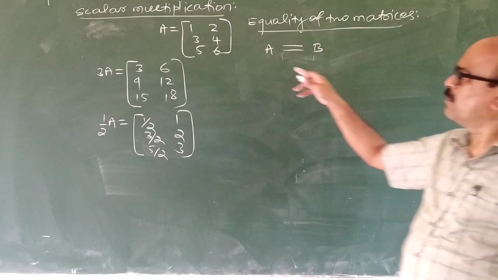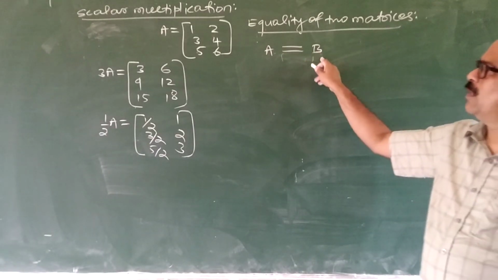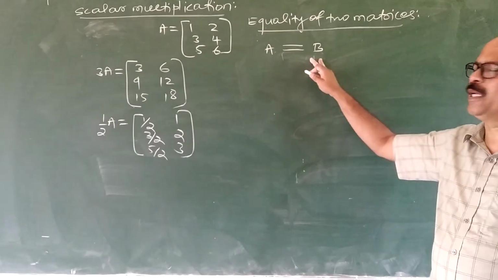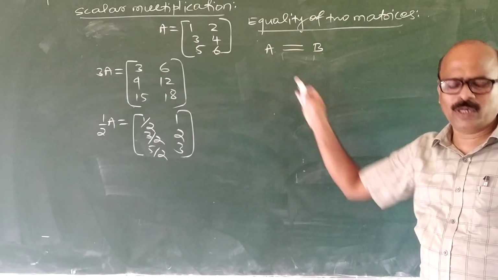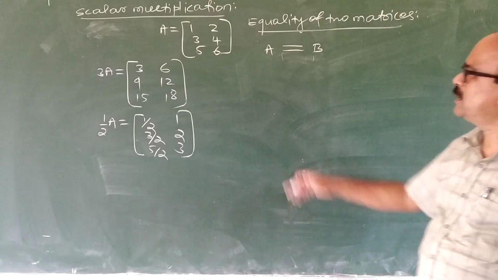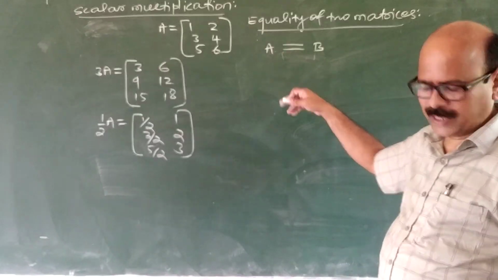A and B are equal means A is exactly the same as B. Order must be the same, corresponding elements must be the same. That is the equality of two matrices.